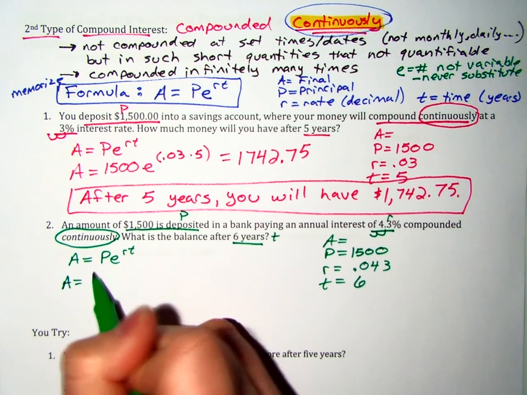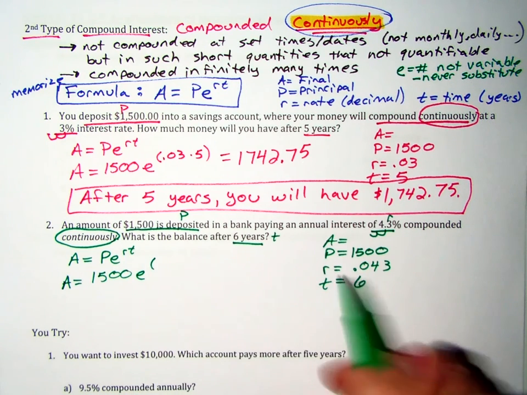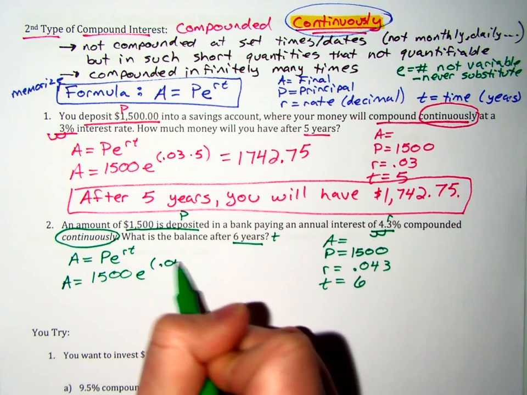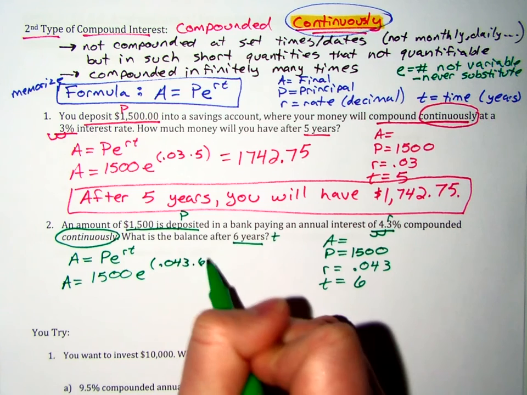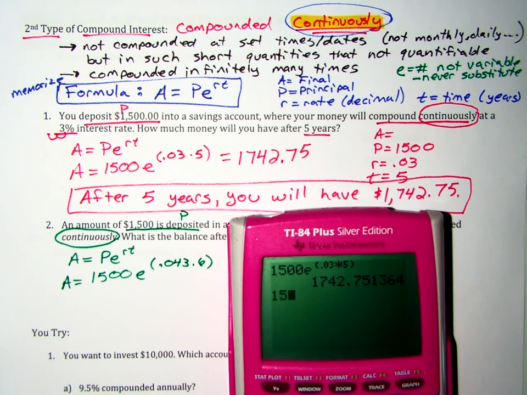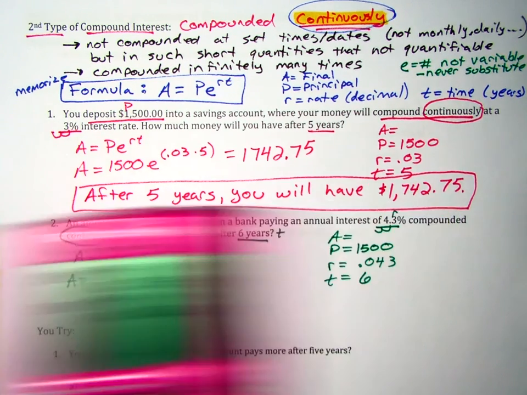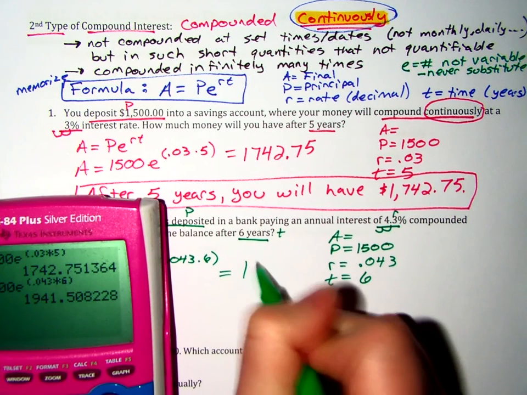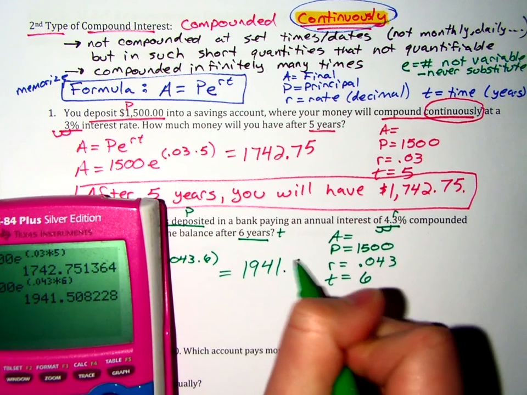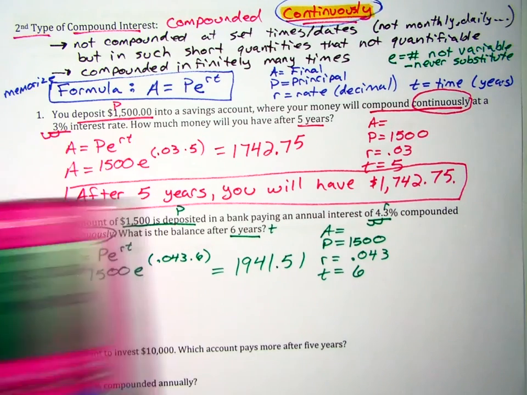So A equals 1,500 e to the 0.043 times 6, and then get out the calculator. 1,500 e to the 0.043 times 6, and that gives me 1941.51, because the 8 makes the 0 become a 1.